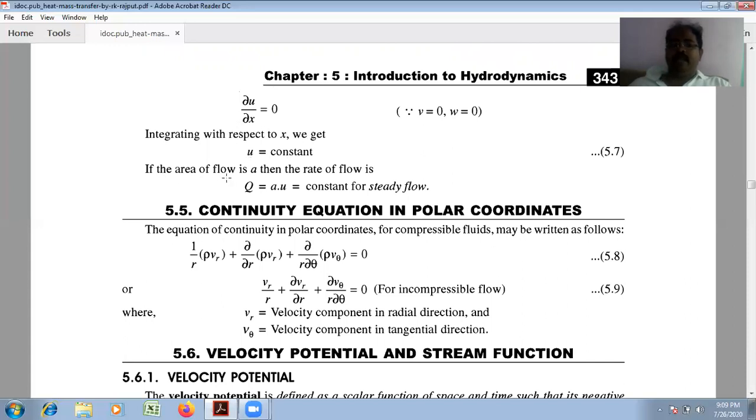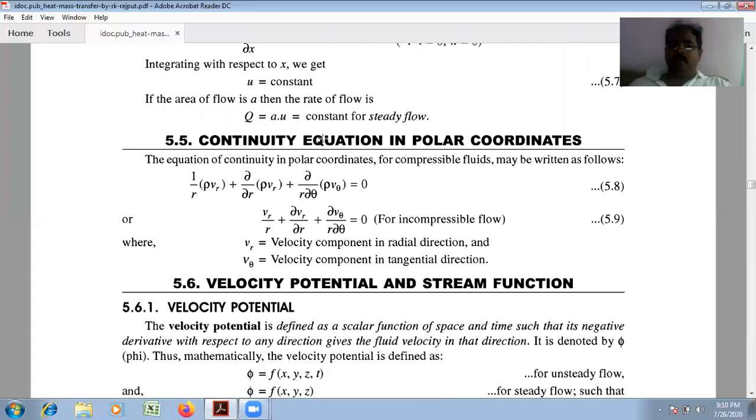And if the area of flow is A, then the rate of flow Q is equal to area into velocity. Area into velocity is equal to constant for steady flow. So these are the Cartesian coordinate equations.